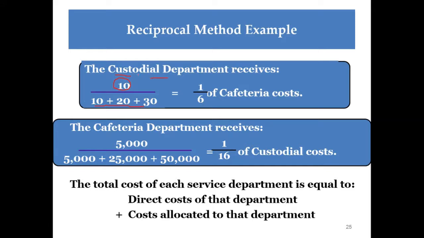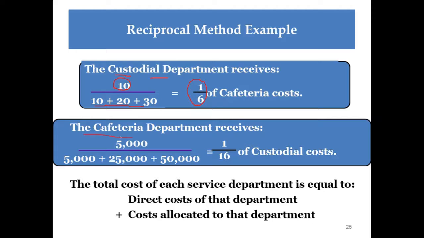So 10 divided by 10 plus 20 plus 30, which is 10 divided by 60, gives 1 by 6 of cafeteria costs.